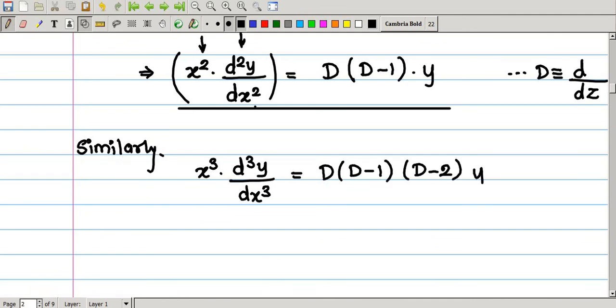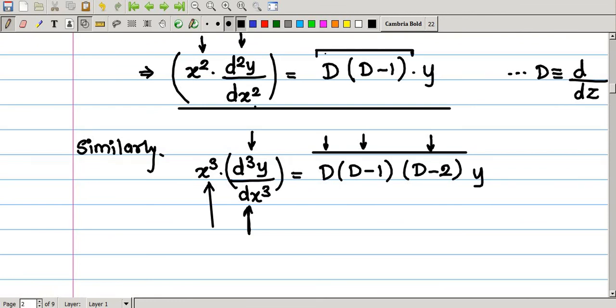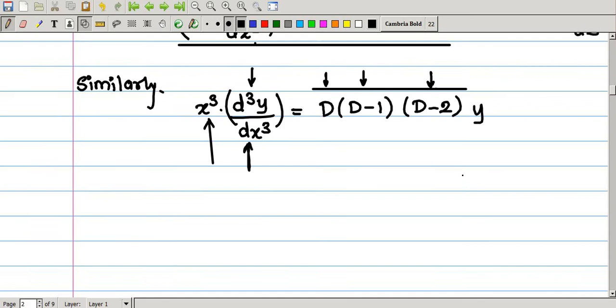Now how to remember this in simple way? Since derivative is of order 3 along with the coefficient x cube, then since we have taken derivative of order 3, we need to take 3 terms containing D, that is D into D minus 1 into D minus 2. Here derivative is of order 2, so we take 2 terms containing D into D minus 1, so that order of differentiation is preserved.